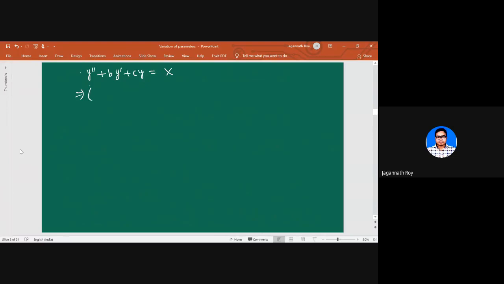So for this one, we'll have u dash y1 dash plus u into y1 double dash plus v dash y2 dash plus v into y2 double dash, plus b into u y1 dash plus v y2 dash, and for this one c into u y1 plus v y2.